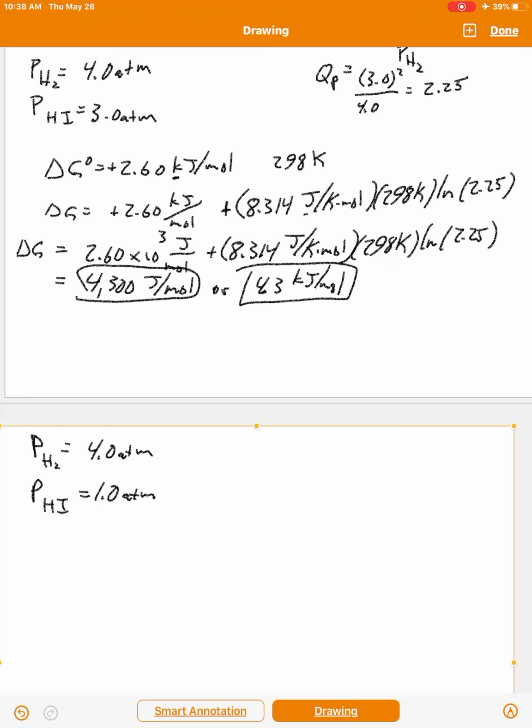What happens to Q? Again, Q is the pressure of HI squared over the pressure of H2. We saw that before. So in this case now we would have 1.0 squared divided by 4.0 to the first power.